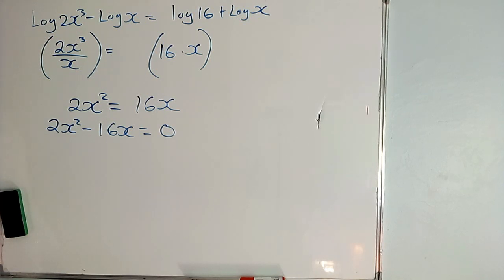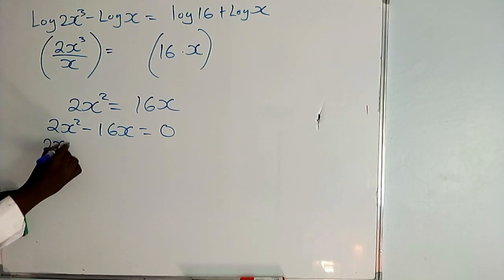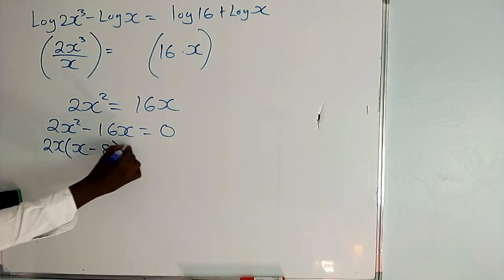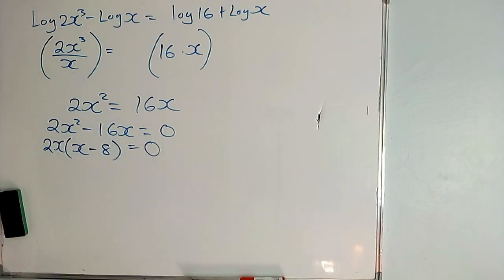So what is the common term here? Factor. 2x squared minus 16x equals to 0. 2x is a common factor, isn't it? So if you remove 2x outside here, you remain with the first term here, you remain with x, isn't it? Then minus, if you remove 2x from 16x, you remain with 8, isn't it? So you factorize, isn't it?